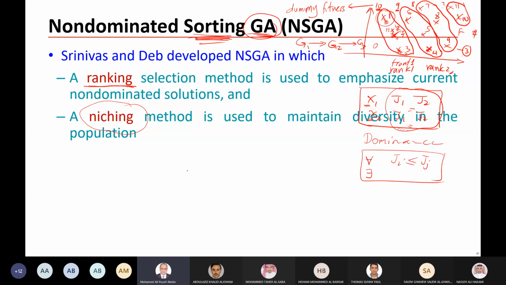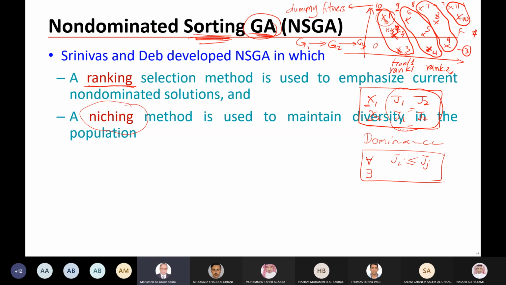Of course, you can say here, when we degrade this, for example, if its fitness becomes 9, is this solution comparable with this solution?